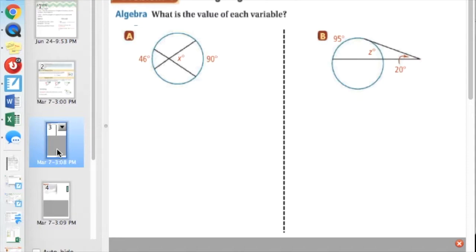All right, so let's find some angle measures. In the first scenario, question A, I'm noticing that angle X is an angle created by 2 lines that intersect inside the circle. Now I also want to point out that because I do not see the center, I am not dealing with a central angle. Recall from chapter 10, a central angle is simply equal to its arc measure, okay?